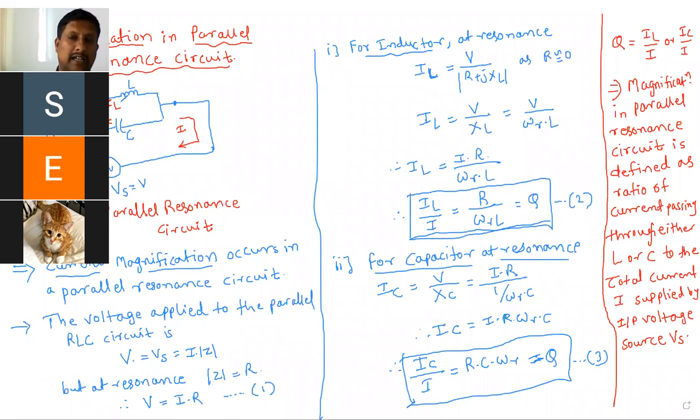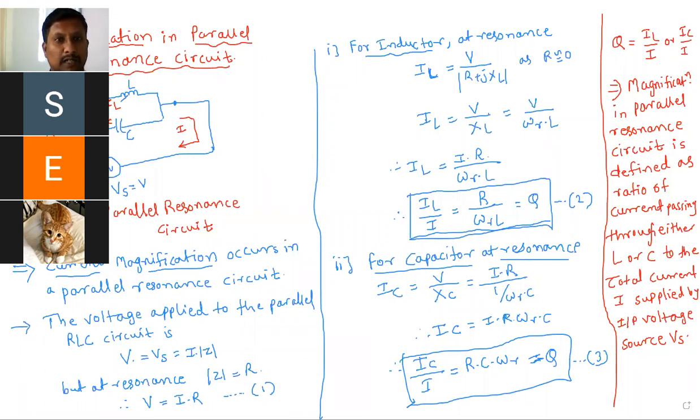This question has been asked two times in university question papers: explain the magnification in series resonance and parallel resonance for 6 marks. You have to write both. 3 marks are allotted for series, 3 marks for parallel.